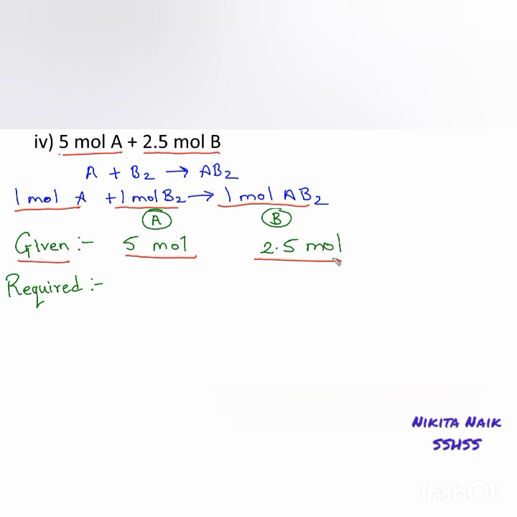So if 5 mole of A is given, then we require 5 mole of B. Now the moles of B are less than that of A. Hence B is the limiting reagent.